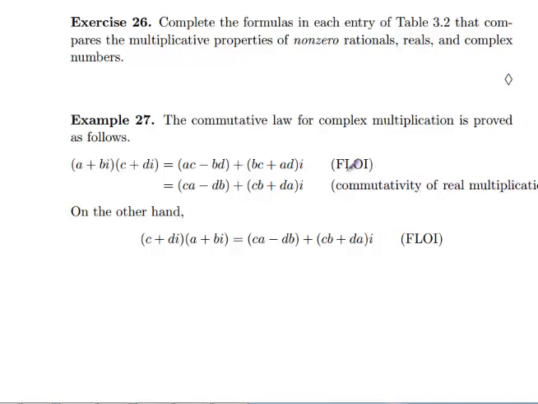Here, this is actually the definition of multiplication of complex numbers, so alternatively, I could say "def mult complex numbers." We want you to get in the habit of giving a justification for each step that you use.